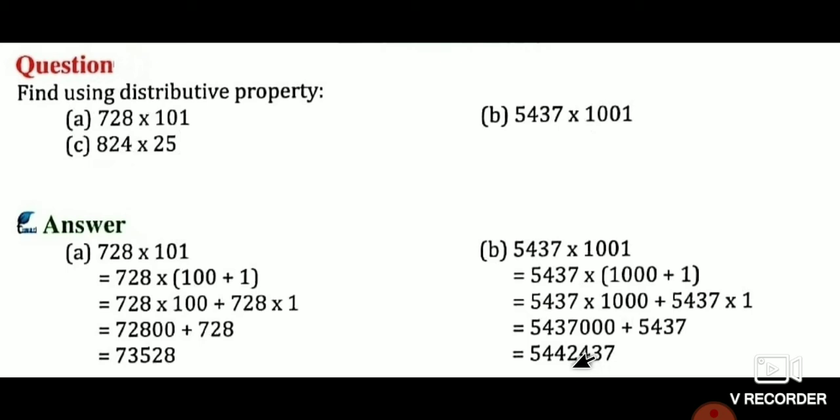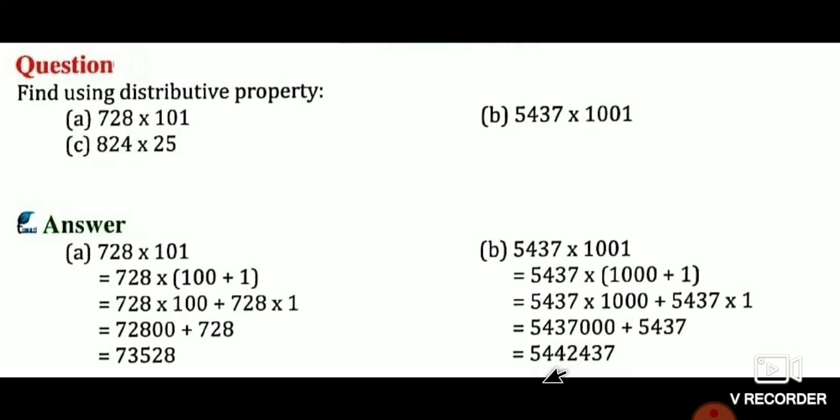Then 7 plus 5 is equal to 12. Therefore 1 carry. Then 1 plus 3 is equal to 4, and 4 plus 0 is equal to 4, and the remaining number is 5. Therefore write 5 as it is.